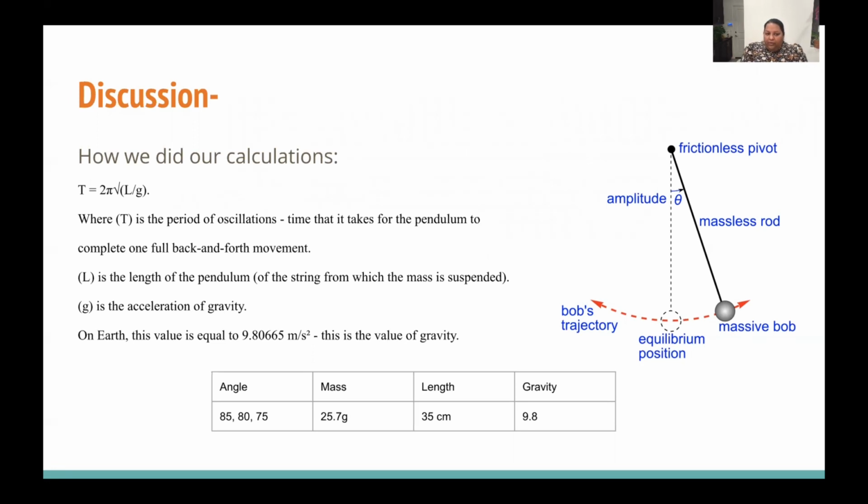We used the equation time is equal to 2 pi square root of length over gravity. Our angles that we tested were 85 degrees, 80 degrees, and 75 degrees. The mass remained constant at 25.7 grams. The length of the string was 35 centimeters, which also remained constant. And gravity also doesn't change here on Earth, so it stayed 9.8 meters per second squared.